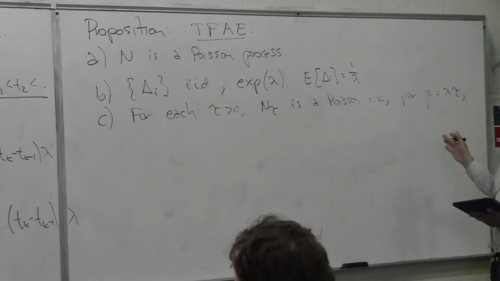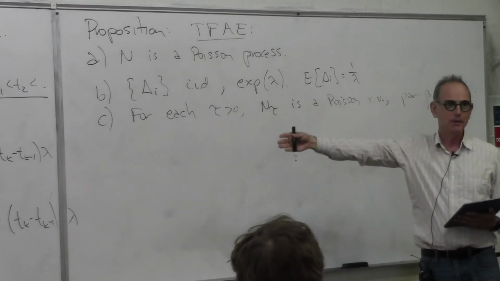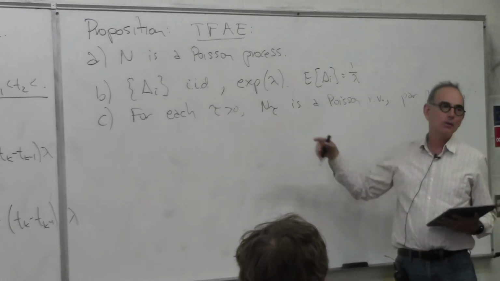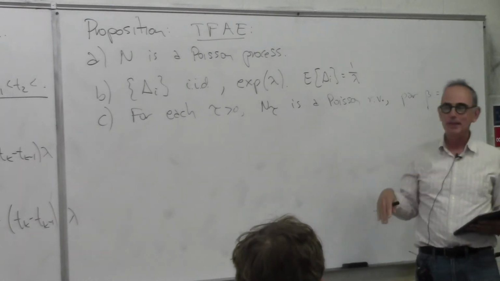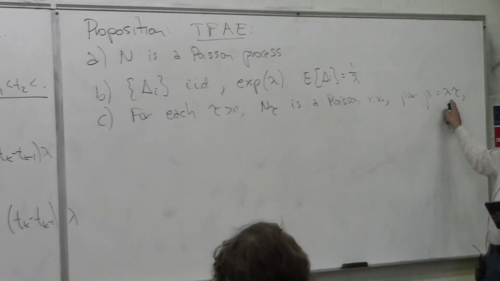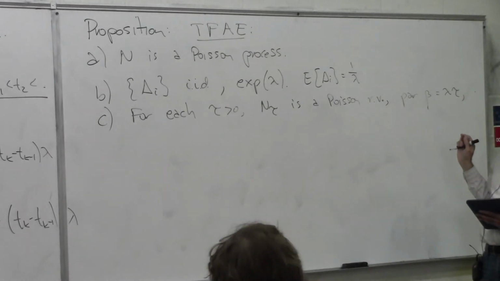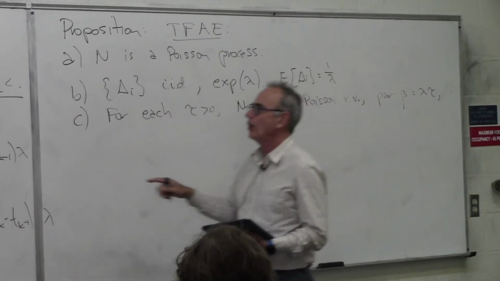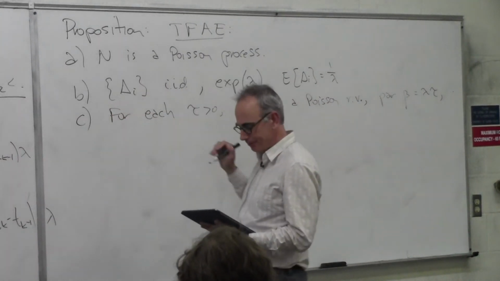So first, no surprise. I just take one giant increment, and I say that n_tau is like an increment, n_tau minus 0. It's Poisson with parameter lambda tau. That's no big deal. But here's another way of thinking about it.